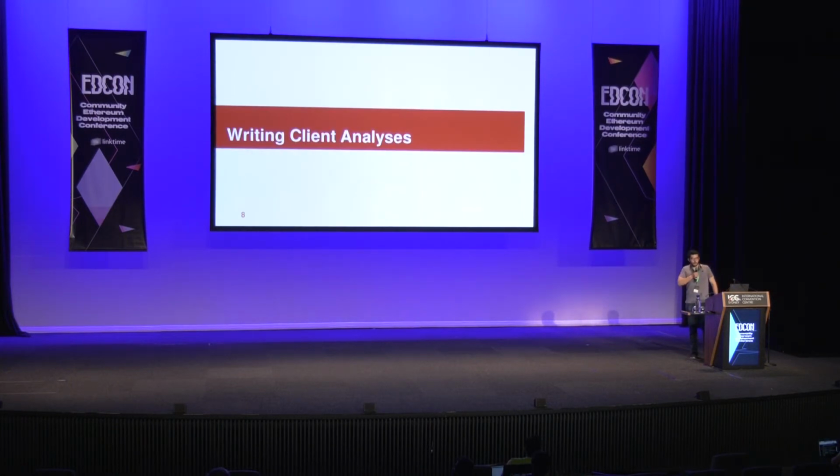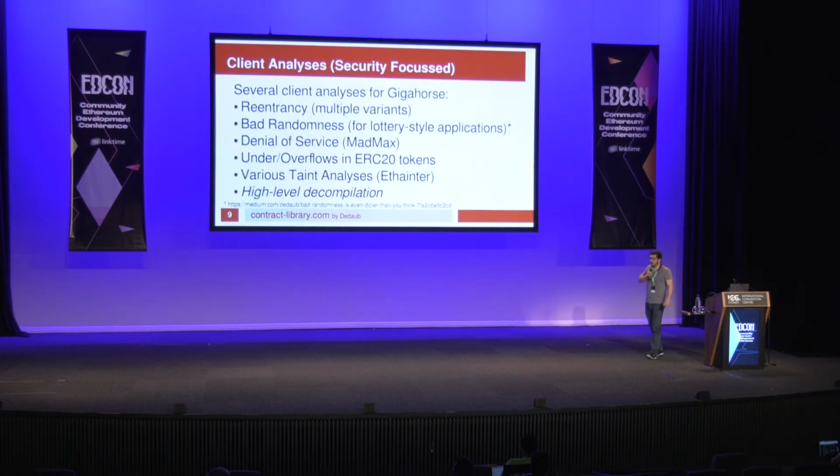Finally, I want to show you how easy it is to write client analysis, security analysis, using the GigaHorse framework. We already have quite a few security analyses implemented, including reentrancy and bad randomness, which I showed you.